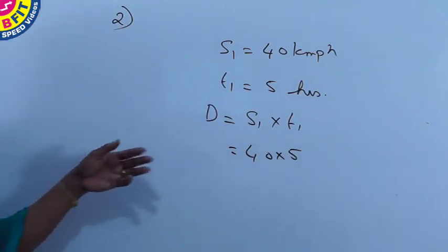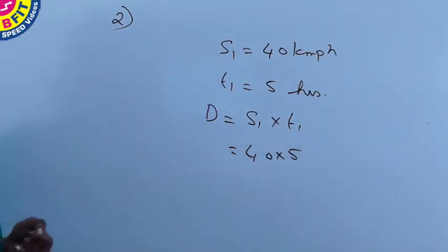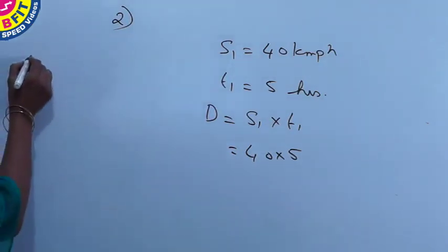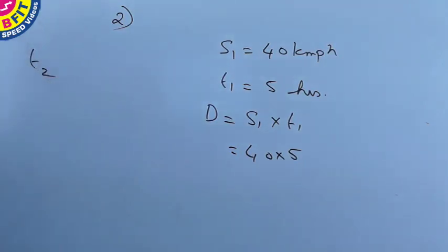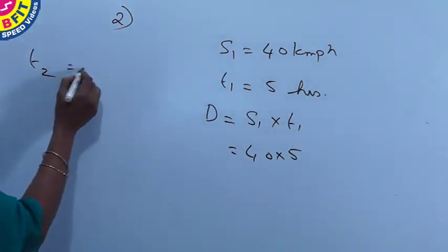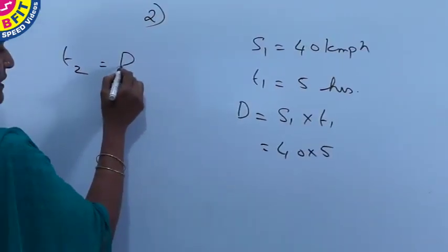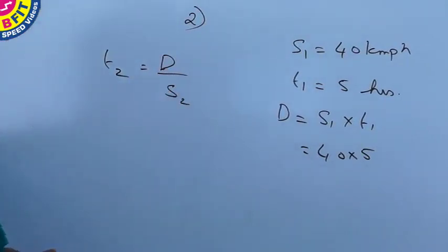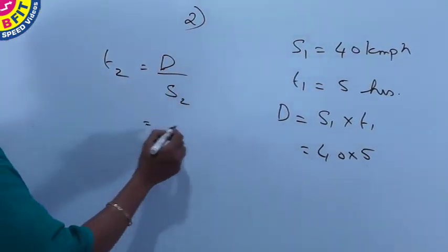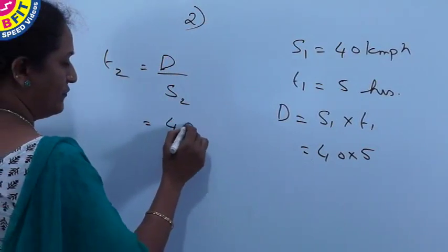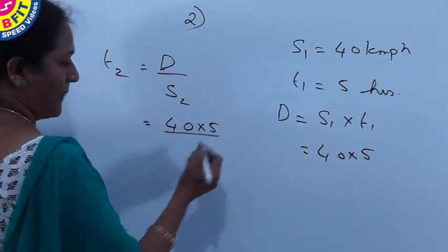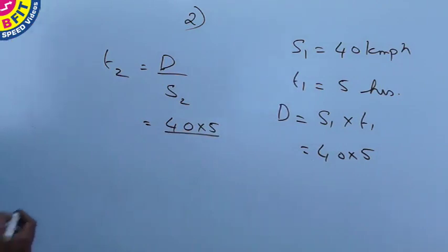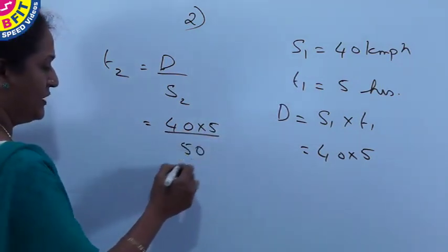The same distance is covered by a car with a speed of 50 kilometers per hour, and we need to find the time taken by the car to cover this distance. So the time taken by the car, we take as T2, is equal to distance by speed. Here S2 is the speed of the car. So we have the distance as 40 into 5 and the speed of the car is given as 50 kilometers per hour.